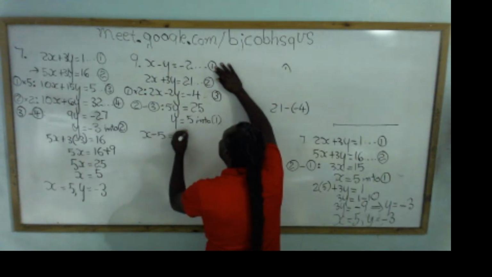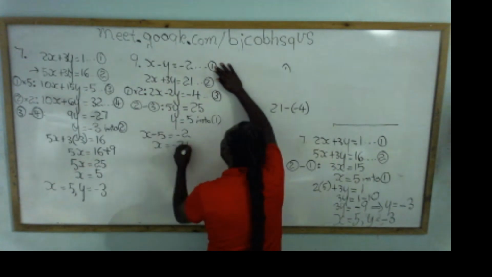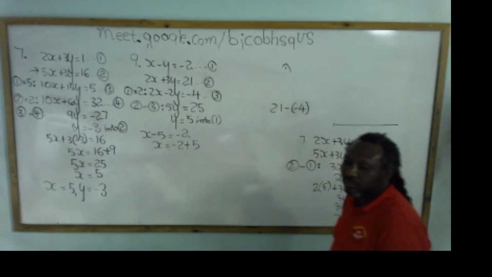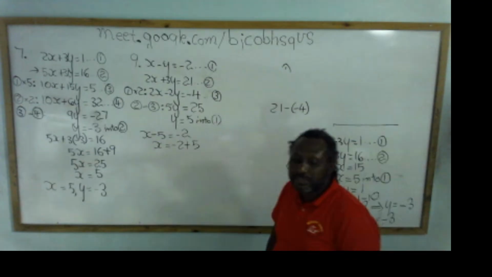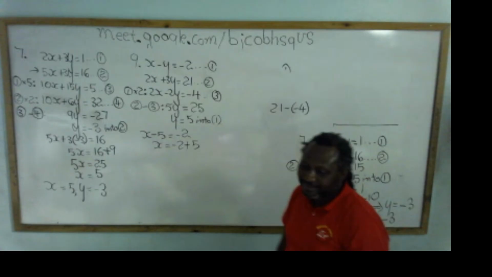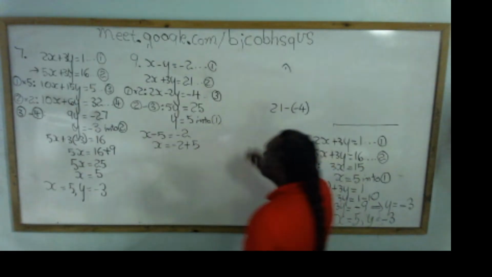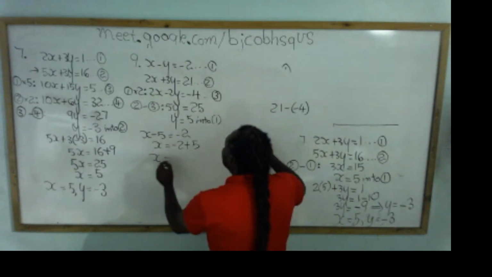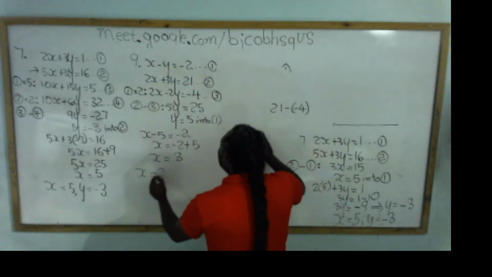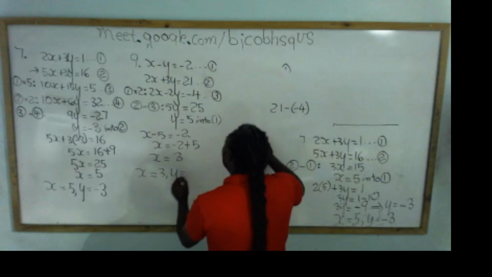So x is equal to negative 2 plus 5. When we get to the simple equations, students should just zip through those because we have solved so many linear equations. So x is equal to 3, y is equal to 5.